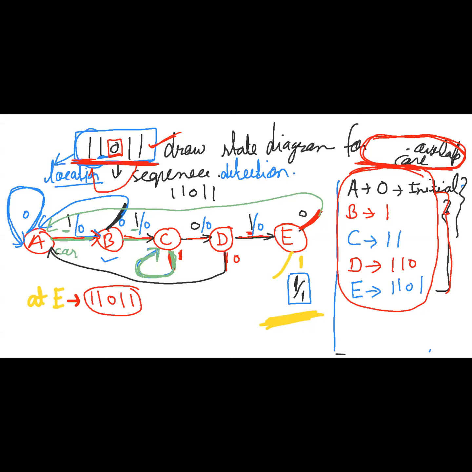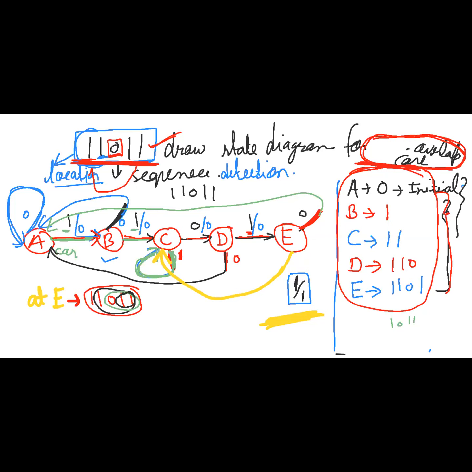No. Check this 4. No. Then check these 3. No. Then check these 2. Yes, there is C. So where will you go for the overlap case? To C. That's it.